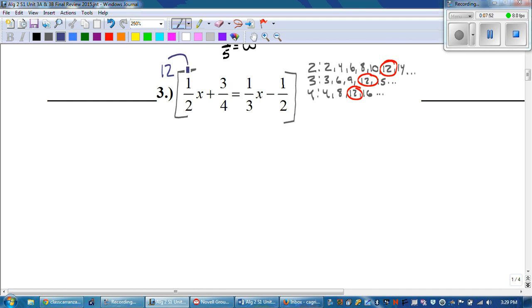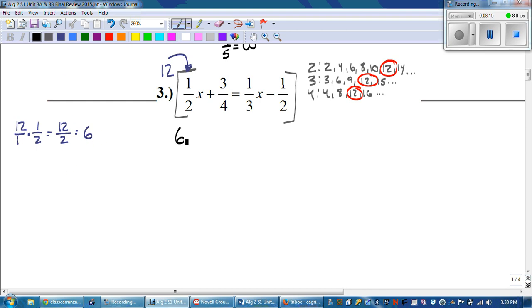So one at a time, we have 12 over 1 times 1/2. Now right away, you might know what half of 12 is. That's awesome. I'm going to show you the long way. 12 times 1 is 12. 1 times 2 is 2. 12 divided by 2 is 6.